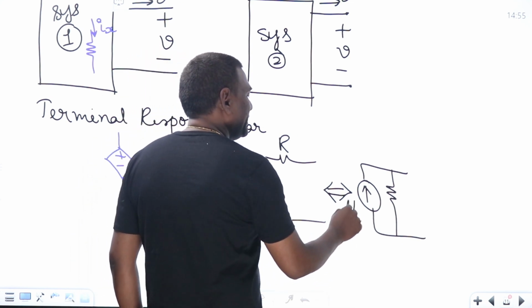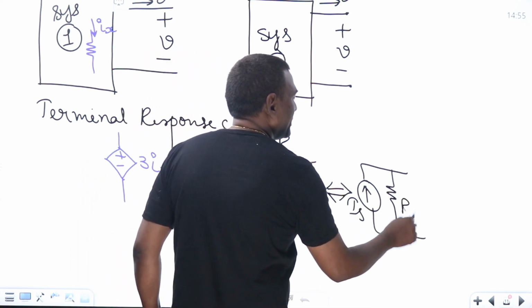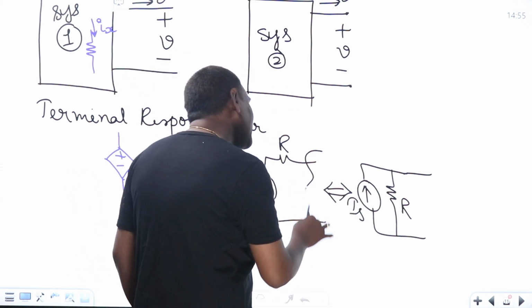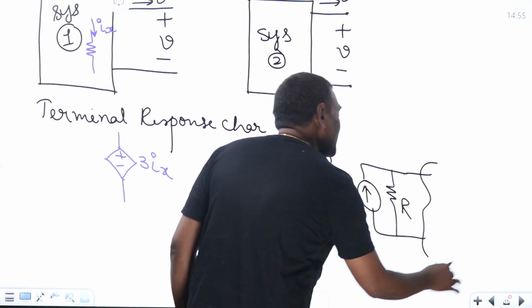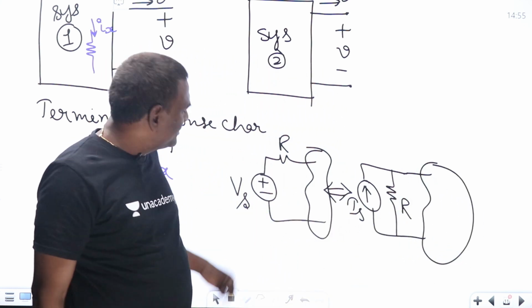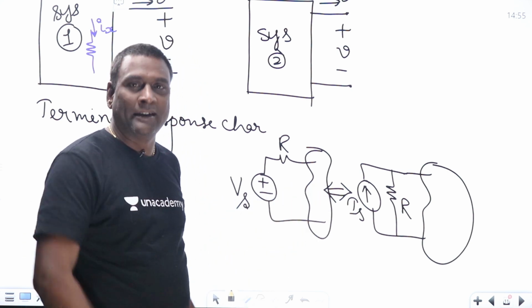Now this is going to be the Is value, and this is going to be the same R value, and to the external world, these two are going to maintain the same terminal response characteristics, provided some link is there, we'll see later.